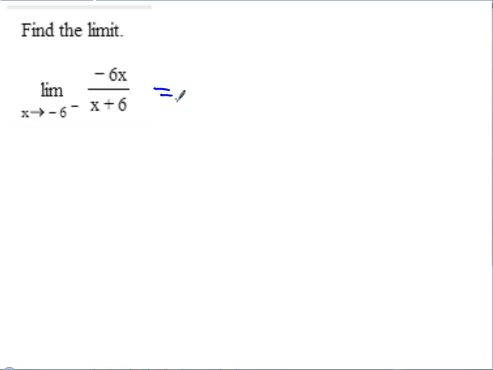So let's evaluate the limit. On the top I get, if x approaches -6, from the left or the right, doesn't really matter here, -6 times -6 is 36. I'm getting a positive constant in the numerator. What about the denominator? What is this going to become? X plus 6 as x approaches -6 from the left.